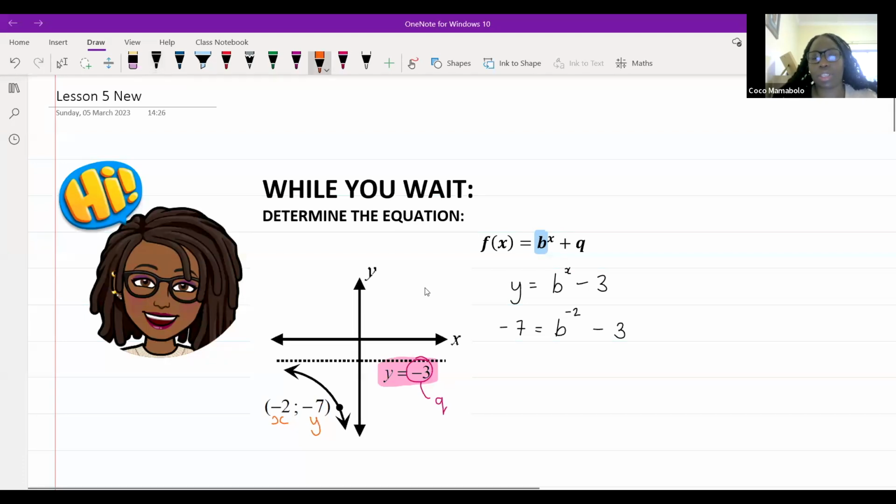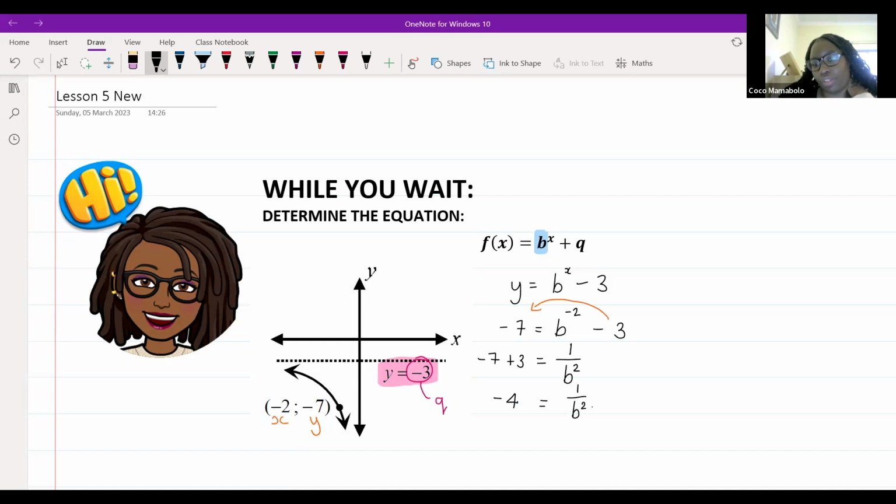All right, and then I'm going to take the -3 over to the other side. So I'm going to get -7 plus 3 is equal to b to the -2, which can actually be written as 1 over b squared. Anything with a negative exponent needs to be flipped, right? So this is actually 1 over b squared. Now on this side, -7 plus 3 will give us -4. So I'm going to get -4 is equal to 1 over b squared.